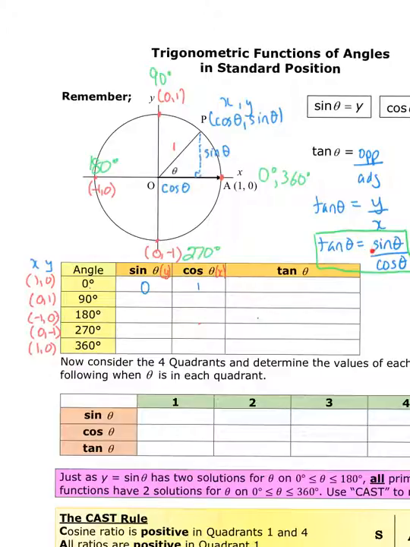Tan, we know, is sine divided by cos for that angle. Here at 0 degrees, sine is 0, cos is 1. 0 divided by 1 is 0. So tan of 0 is 0. At 90 degrees, my y value is 1, so sine of 90 is 1. Cos of 90 is 0.